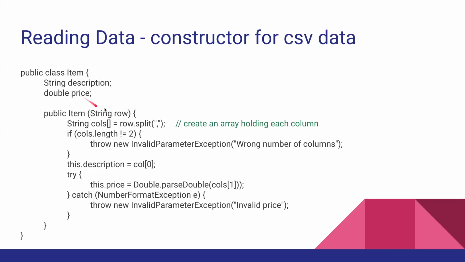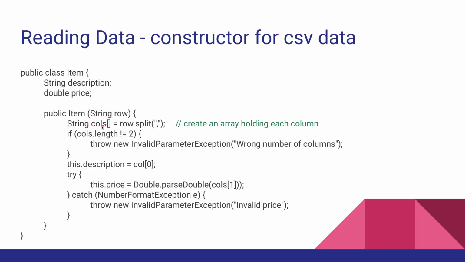What we want to do is we get row, and it's going to have a description and a comma, and then the price, and it's all going to be in string format. So first we want to split that row into individual strings. We use this split function that's on the string, and we want to split it at the comma. So what happens here is we had one string in row.